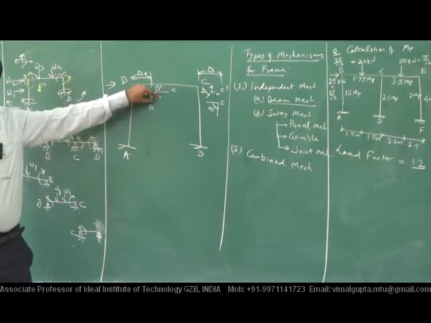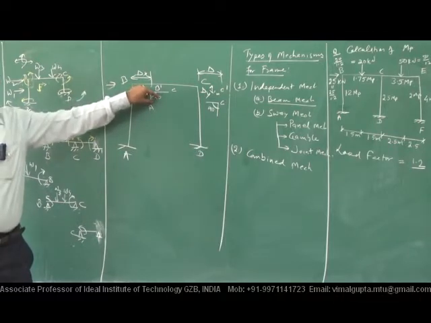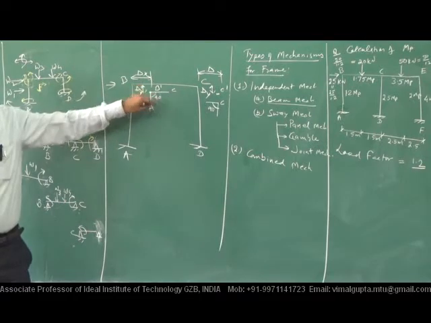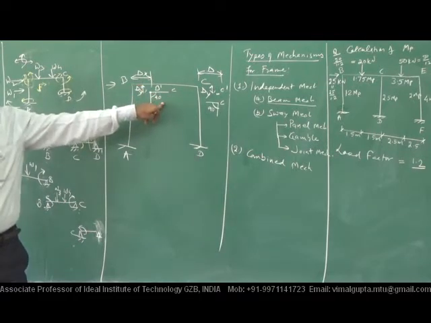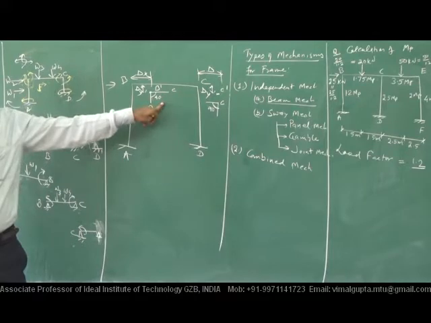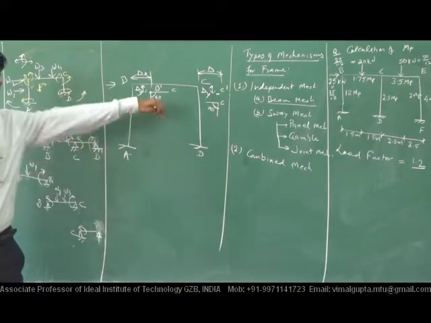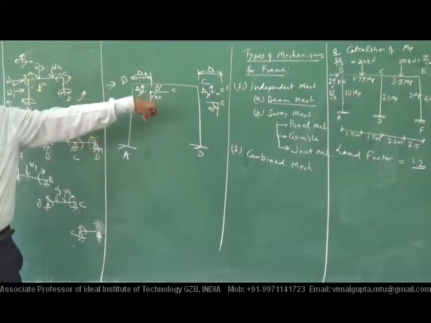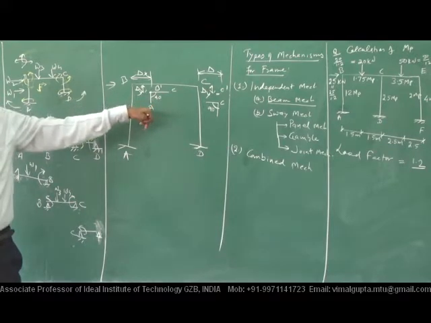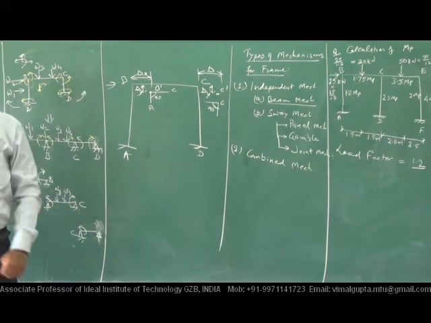That angle cannot be changed by any reason. If that angle changes, then we say that it has collapsed. Unless the rigidity has been disturbed, it will not be treated as a collapse.